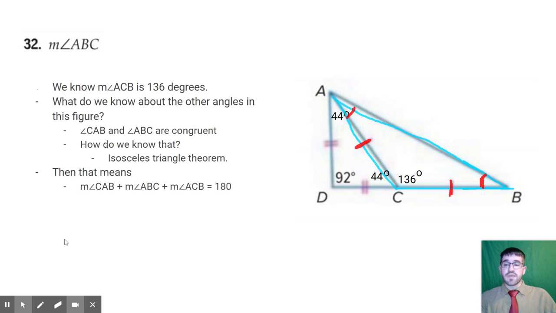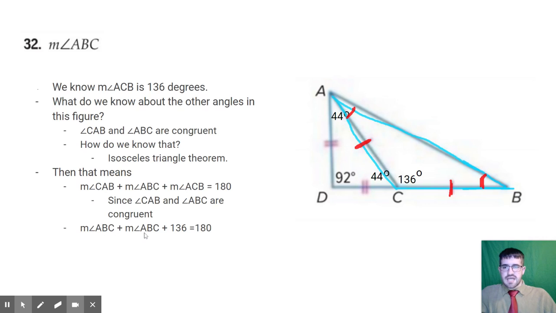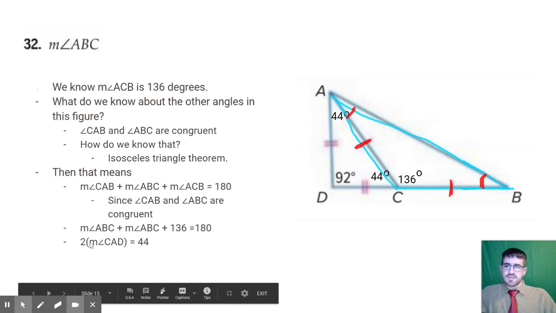Then this means we can use algebra again. Measure of angle CAB plus the measure of angle ABC plus the measure of angle ACB equals 180. Since angle CAB and ABC are congruent, we're going to plug in ABC everywhere we saw CAB. And we plug in the 136 where we had ACB. Do some algebra, we get 2 times the measure of ABC.